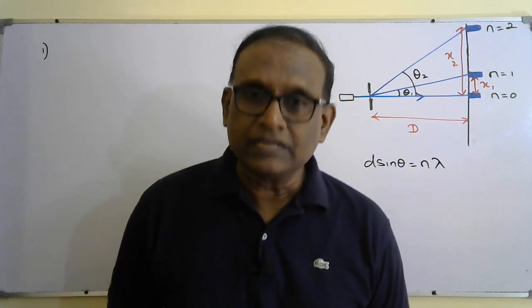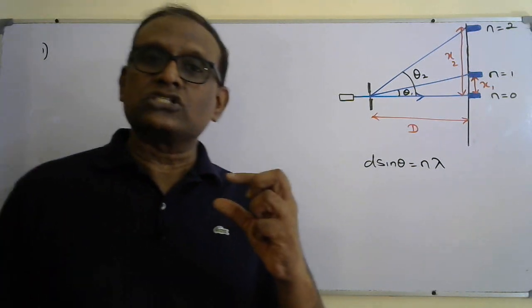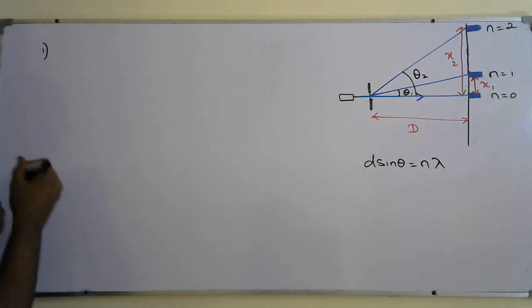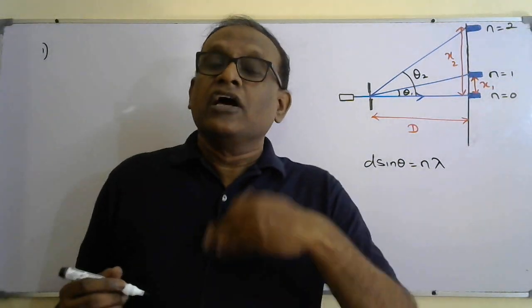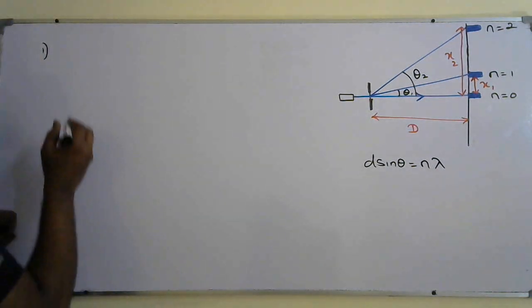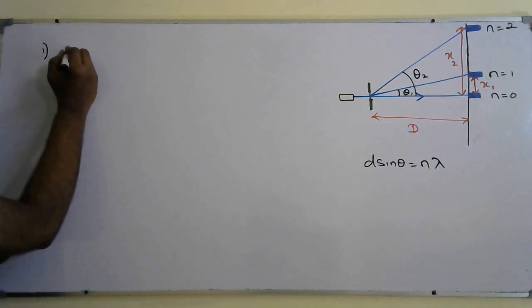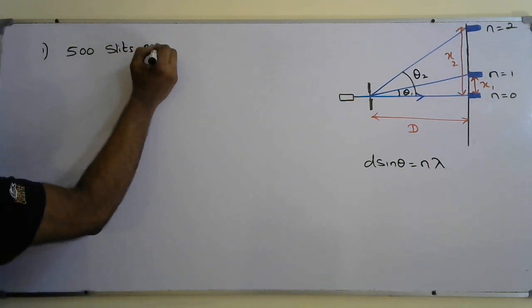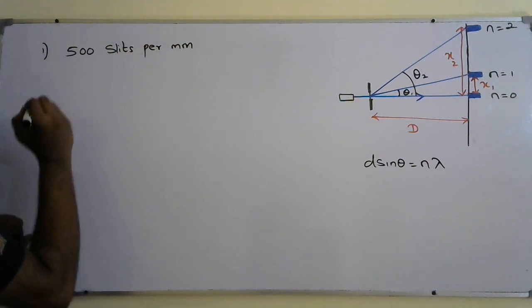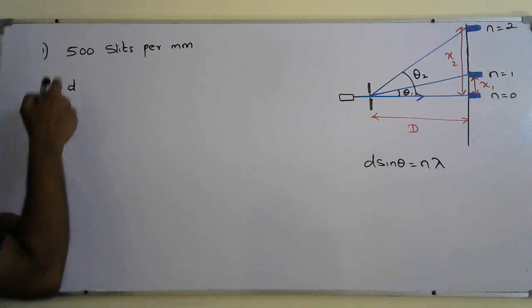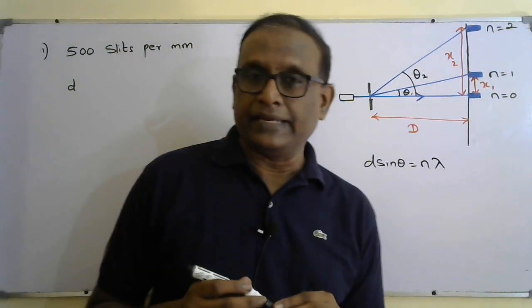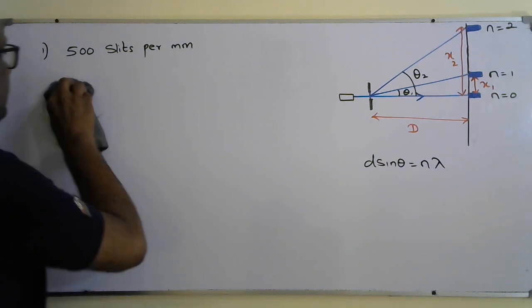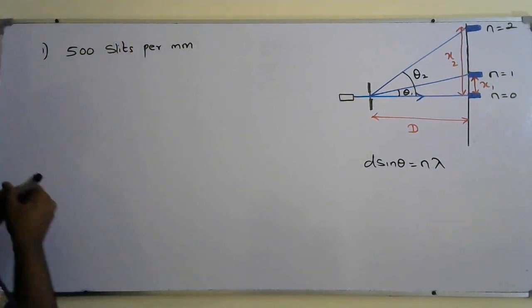For example, if the question says a diffraction grating consists of 500 slits per millimeter, then how to calculate d? What do you mean by 500 slits per millimeter? It means in 1 millimeter width there are 500 slits.